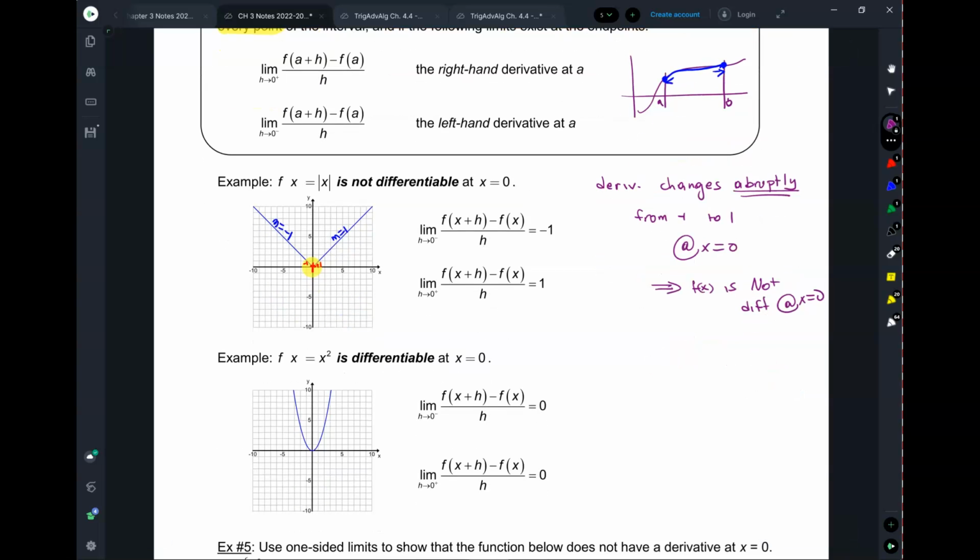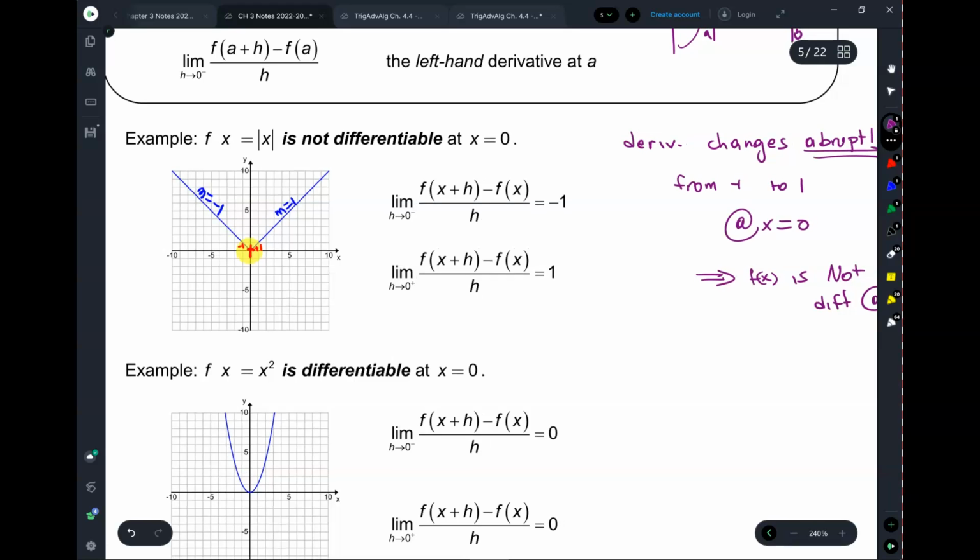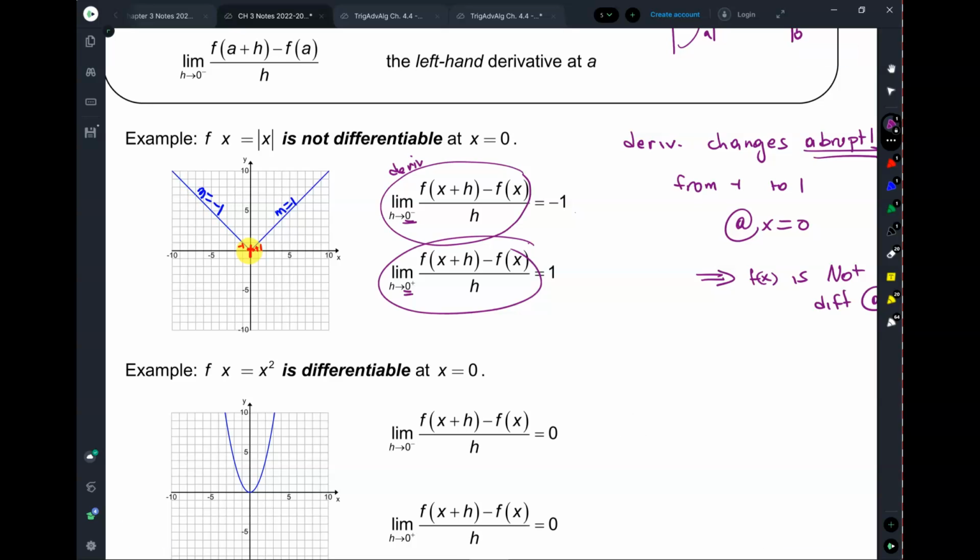Or is what's written on there? It depends. As far as the answer, it depends on what the question is asking you for. Now, if the question is asking, is it differentiable, yes or no, the answer is no. If the question is asking, is it differentiable, and then why, to answer the why part, you have to say this: the derivative is -1 from the left-hand side, and then you have to say the derivative from the right-hand side is +1.